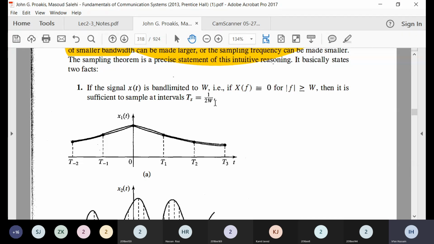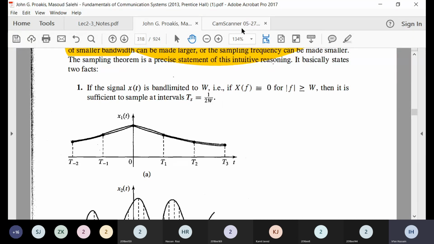You can see the applications or solve the problems that arise in system maintenance. So the thumb rule is that it will be sufficient if my sampling interval is equal to 1 over 2W.